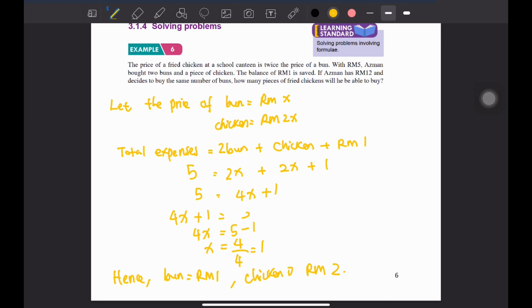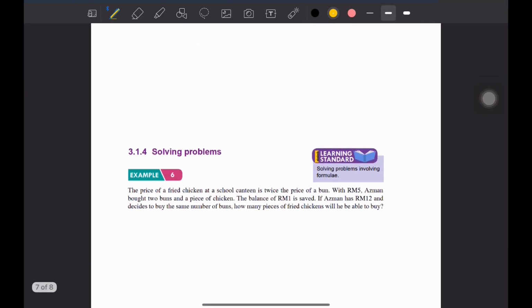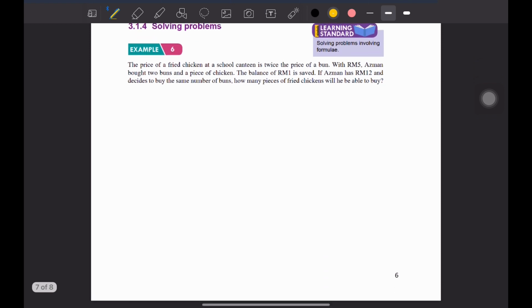So we know that total price of bun plus total price of chicken is equals to RM12. So we know that the bun is RM1 each and he wants to buy 2 buns.